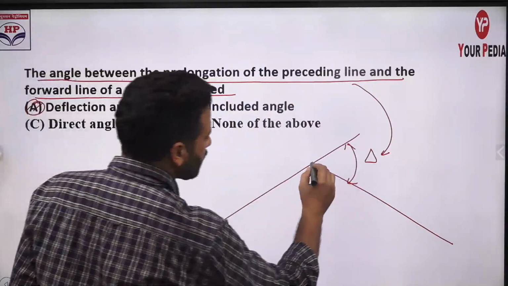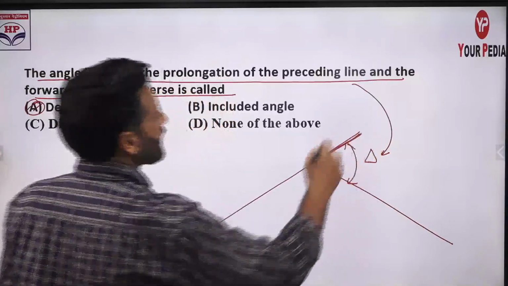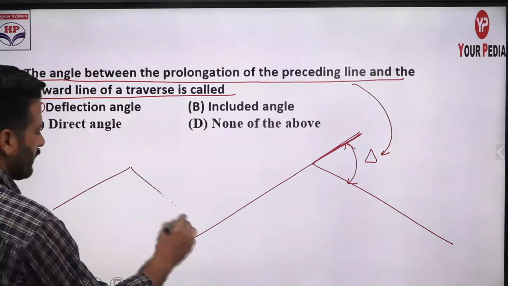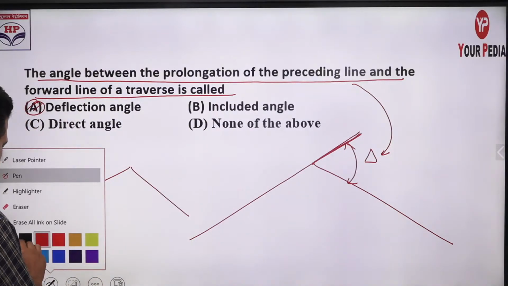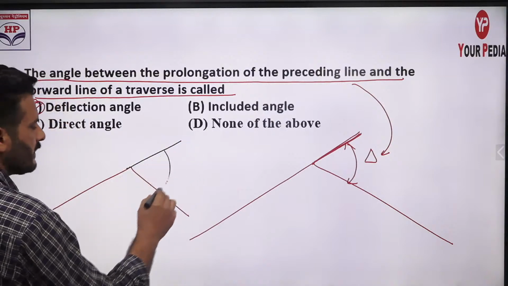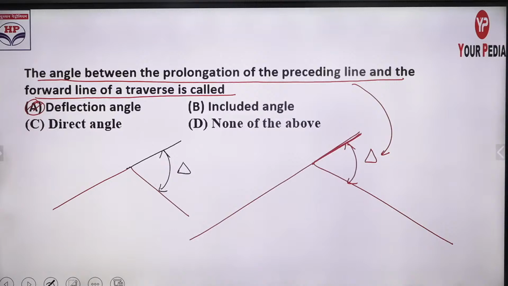What did we do here? We just extend or prolong the preceding line. So this angle is your deflection angle. So option A will be the answer.